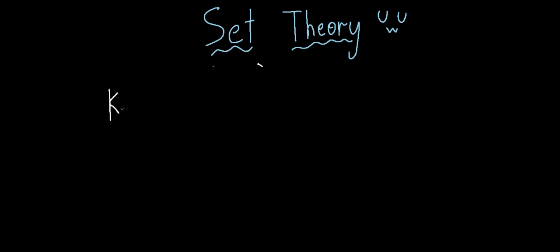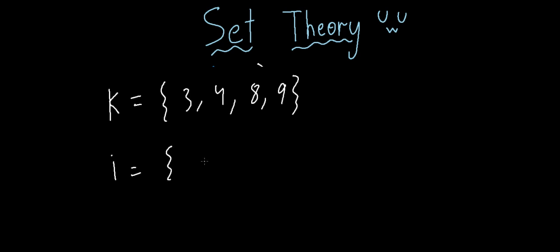So let's have set K equal to 3, 4, 8, 9, and let there be another set, let it be I, where there will be 2, 5, 6, 7. Now what is the intersection in here?